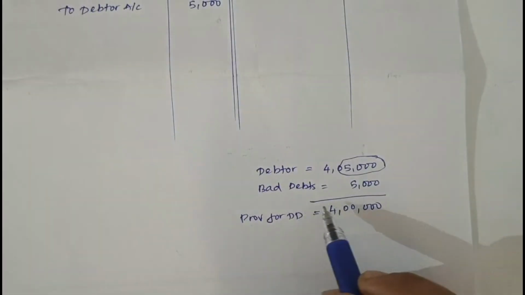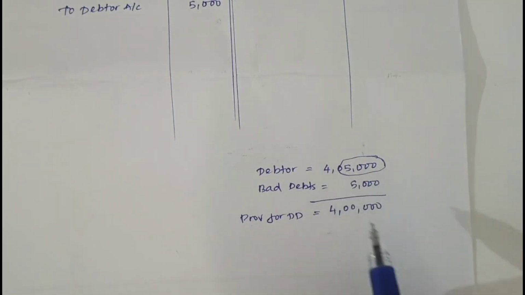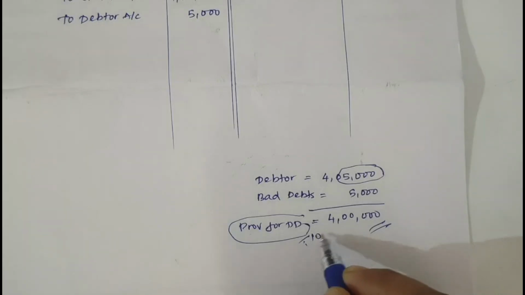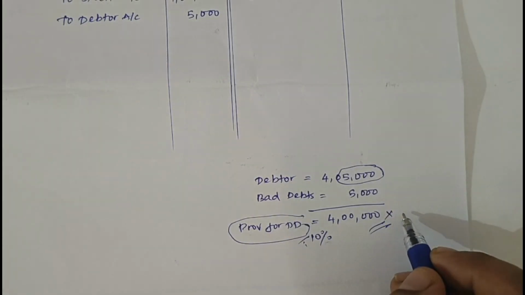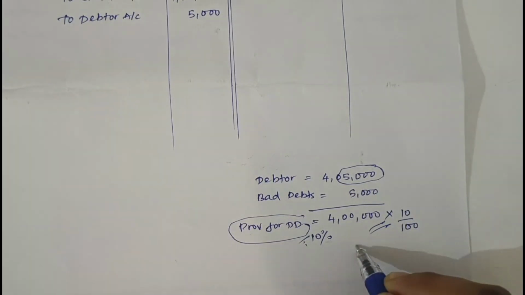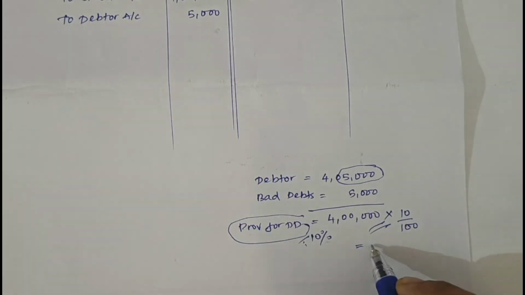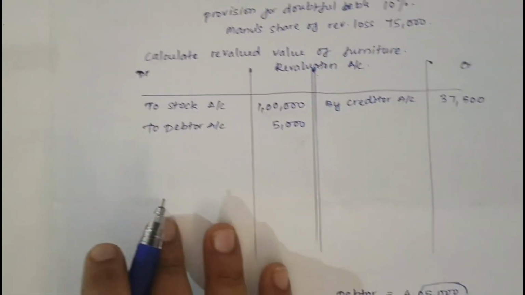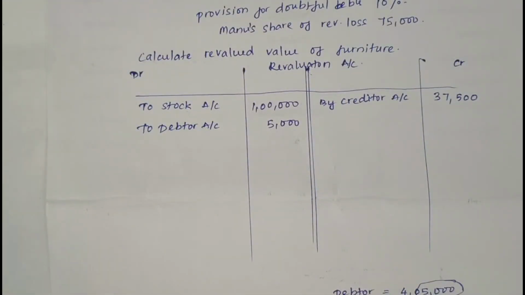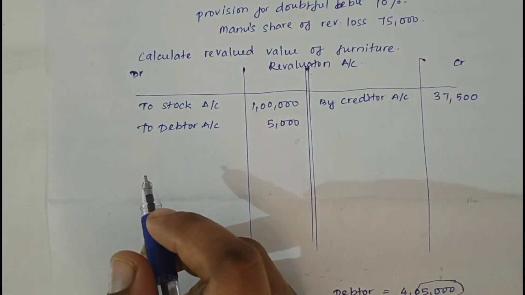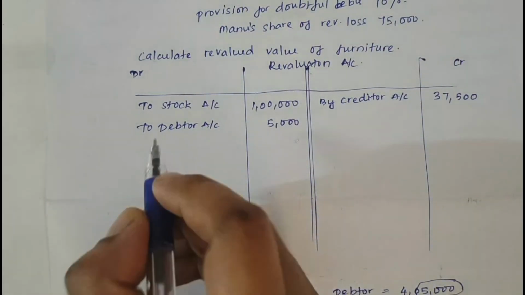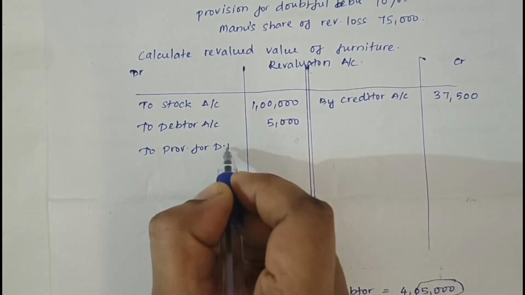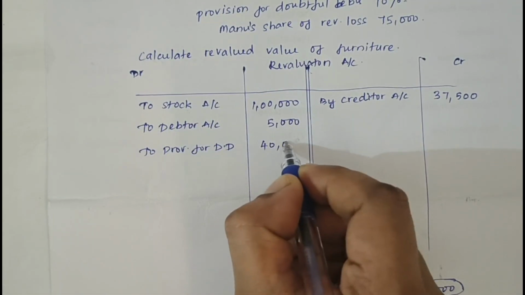If there are bad debts, they should be subtracted from the debtors, and on that amount we calculate the provision. 4 lakh into 10 by 100 is 40,000. So the entry is revaluation account debit to provision for doubtful debts 40,000.